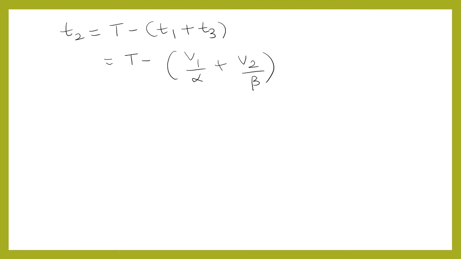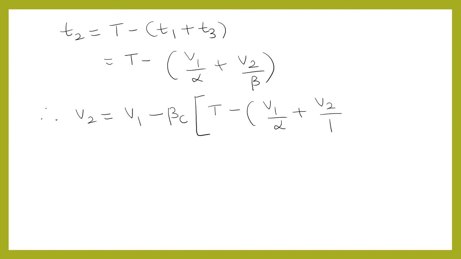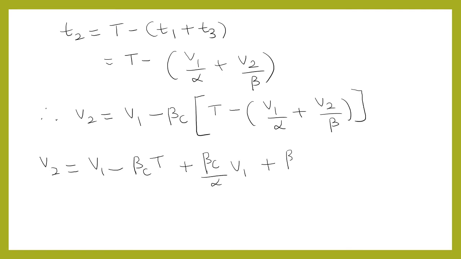Therefore, V2 equal to V1 minus beta C into T2, that is T minus V1 by alpha plus V2 by beta. So V2 equal to V1 minus beta C T plus beta C by alpha V1 plus beta C by beta V2.